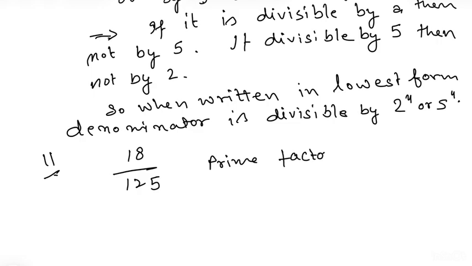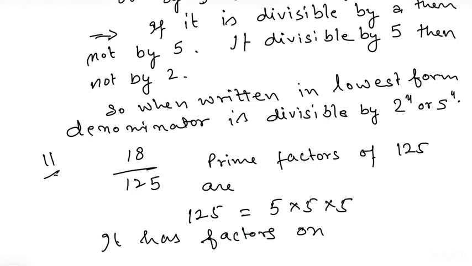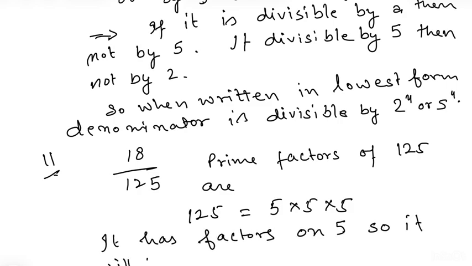Prime factors of 125 are 5 into 5 into 5. It has factors only 5. So it will be terminating.